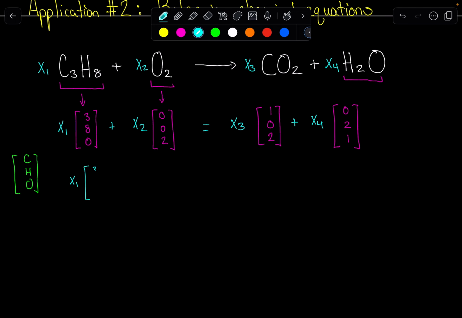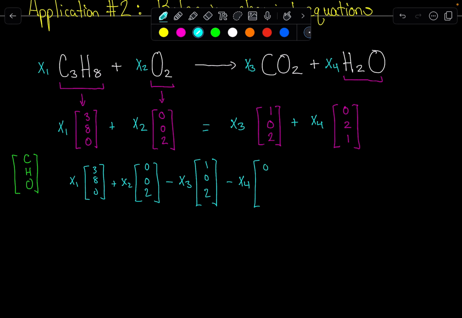So we're going to have 3, 8, 0 plus x2 times 0, 0, 2 minus x3 times 1, 0, 2, and then minus x4 times 0, 2, 1. And all of this should equal, if I put them on one side, just the 0 vector.